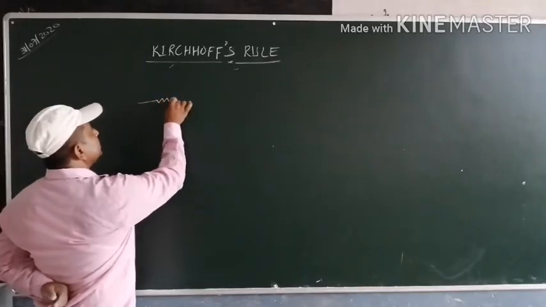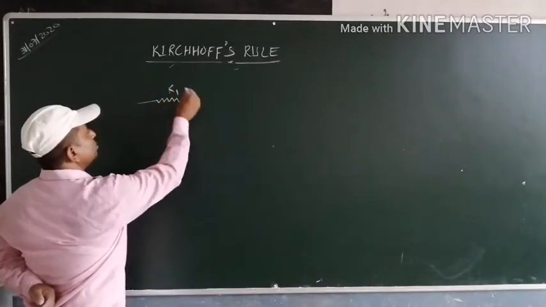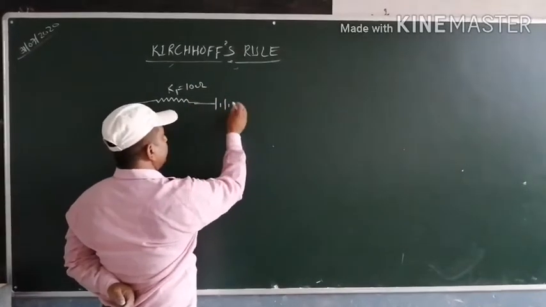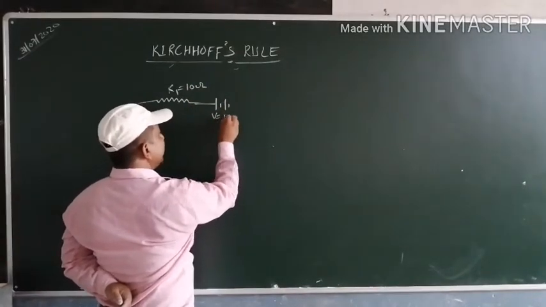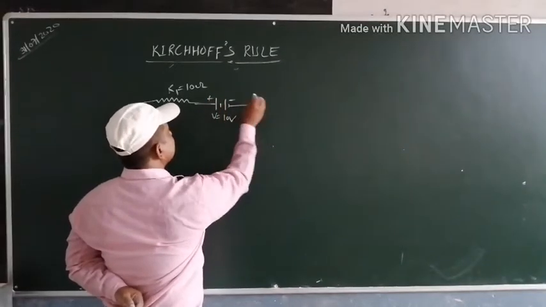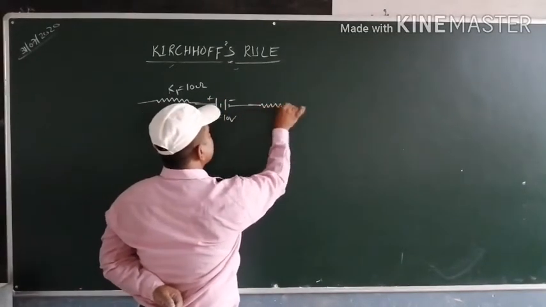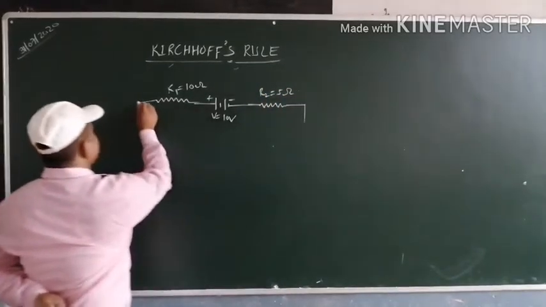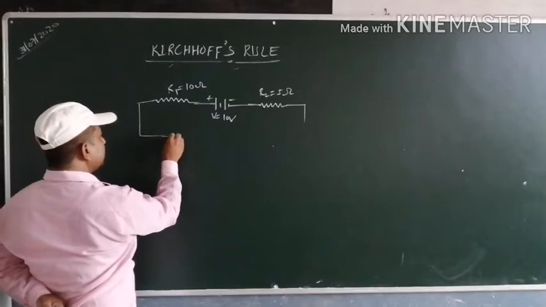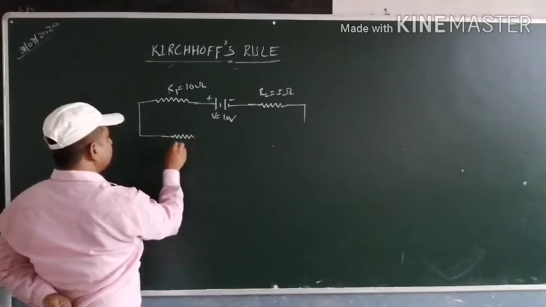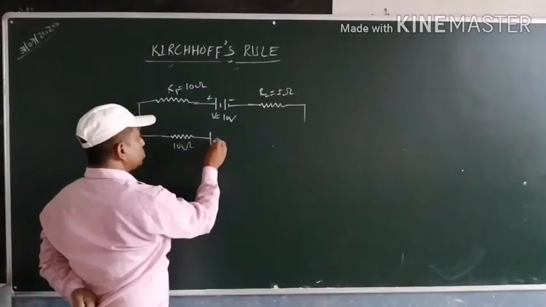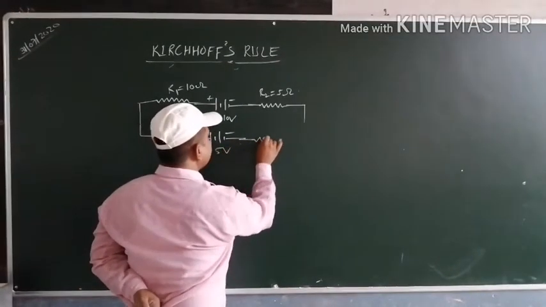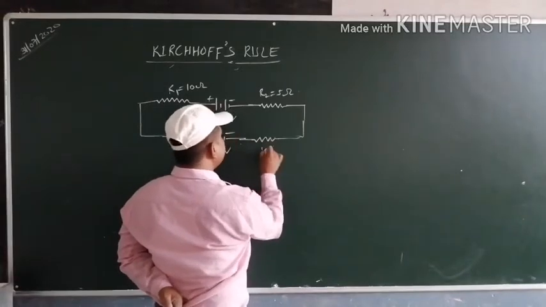Suppose that this is a resistance R1 whose value is 10 ohm, and here is a battery whose potential is 10 volt, and here is another resistance R2 which is 5 ohm, and there is a resistor of and another source of potential 5 volt and another resistor whose value is 10 ohm.